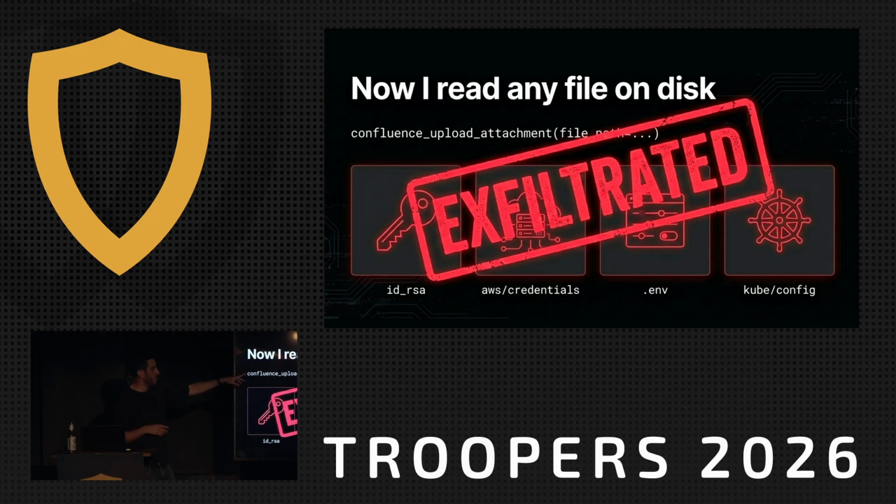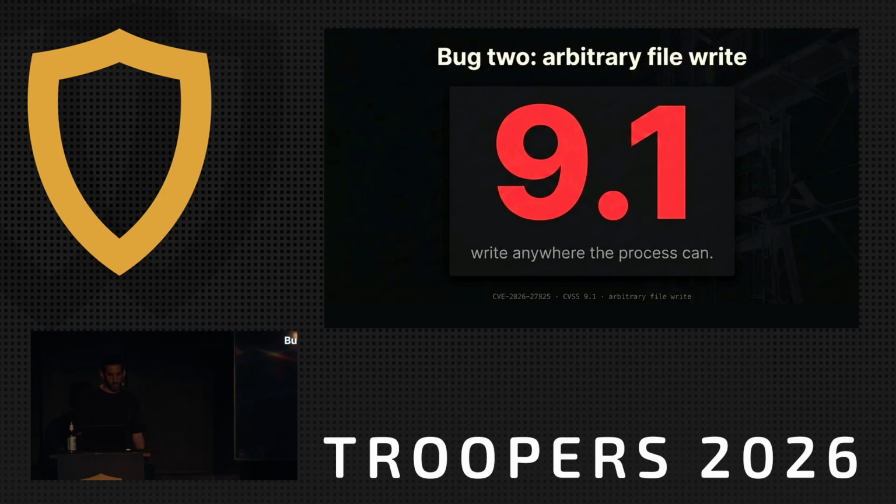But as soon as you see interesting tools, like in this case, upload attachment, then I can exfiltrate whatever file from the host that's running the MCP, and that information will make its way to my server. So ID RSA, AWS credentials, basically whatever I want.